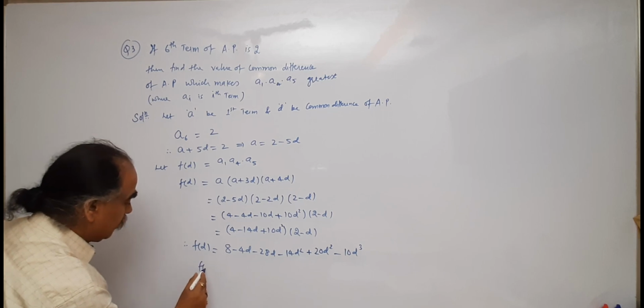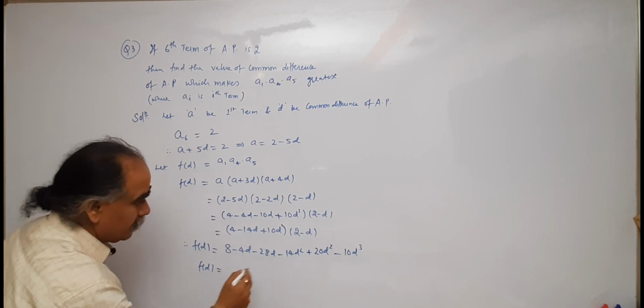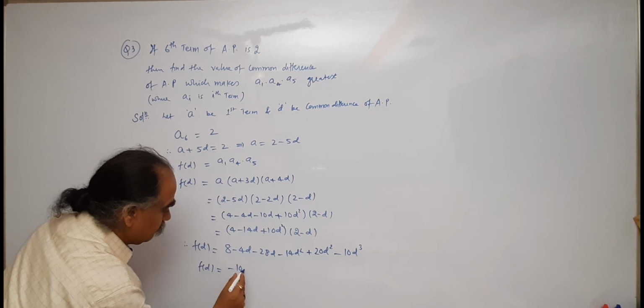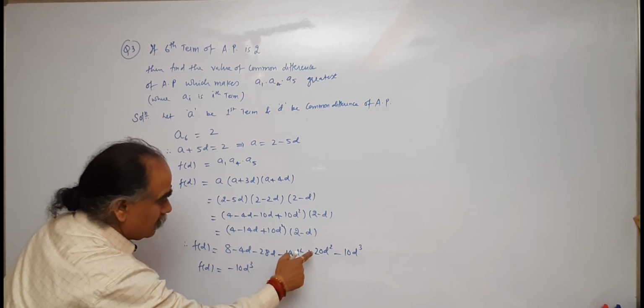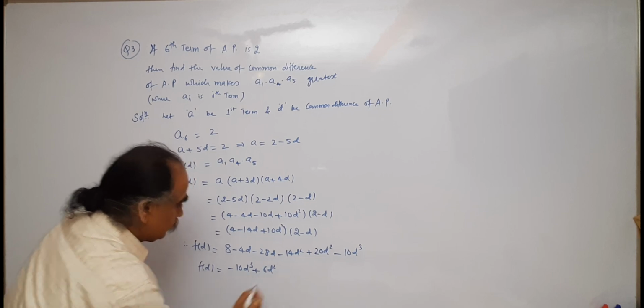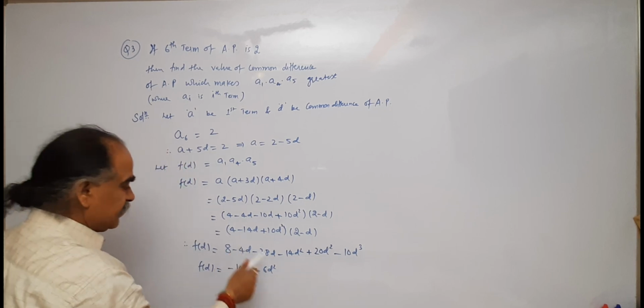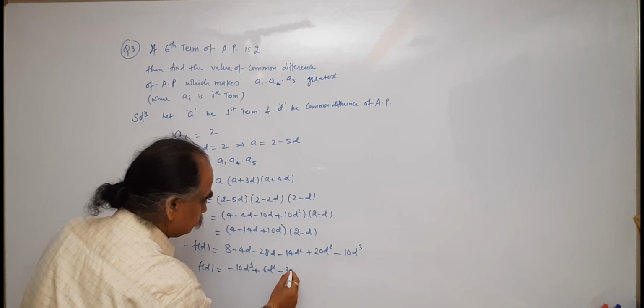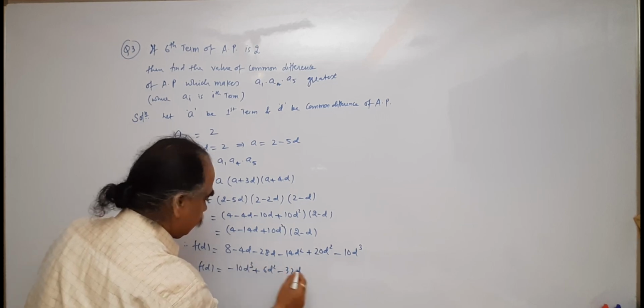So f of D is what? Minus 10D cube plus 6D square minus 32D plus 8.